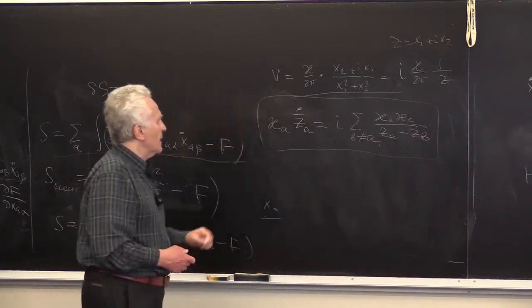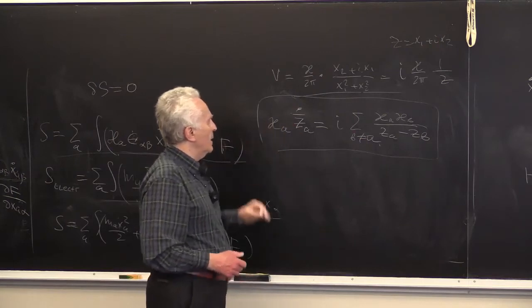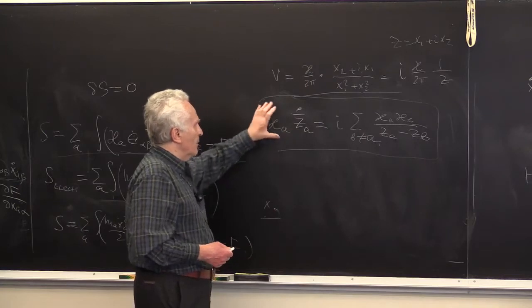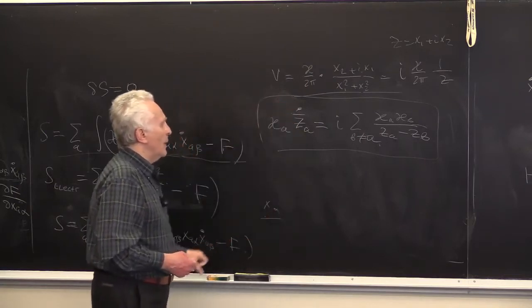There are a few things to be understood here. So this is the complex form of the Kirchhoff equation.